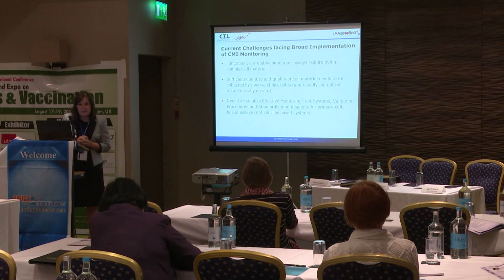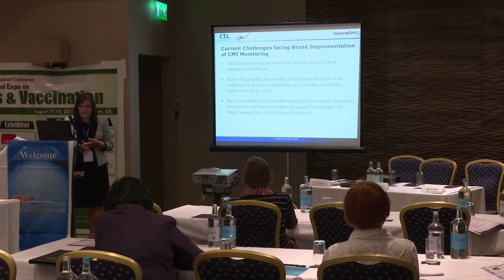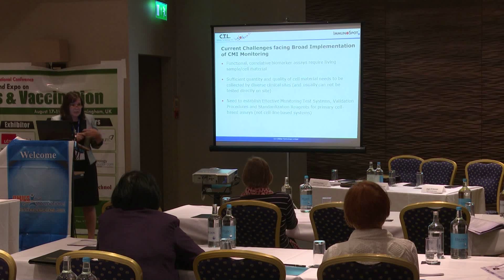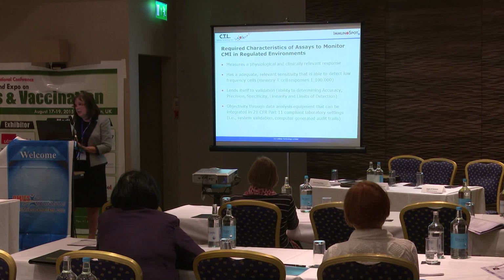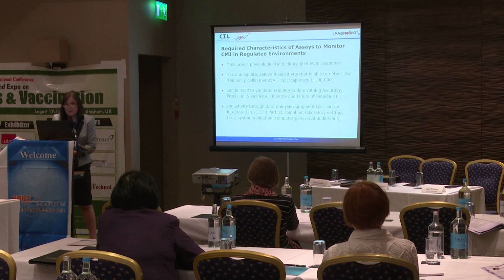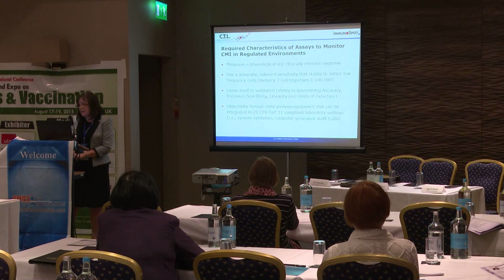These assay systems need to be effective, validatable, standardizable, and need to be primary cell-based assays, not cell line-based assays, to closely represent what happens in the human system. They should measure physiologically and clinically relevant responses and should have adequate sensitivity.